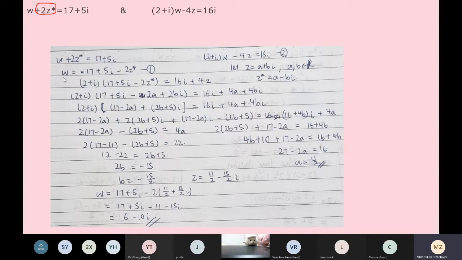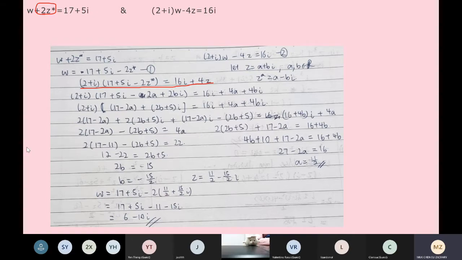So for myself, I manipulated the first equation such that W is the subject, and then I sub this equation into equation 2, which will give you this monstrosity.